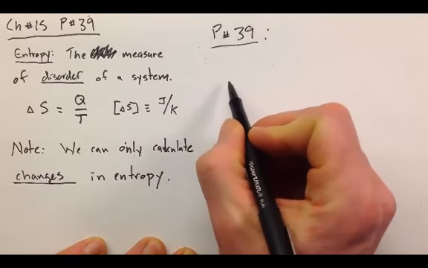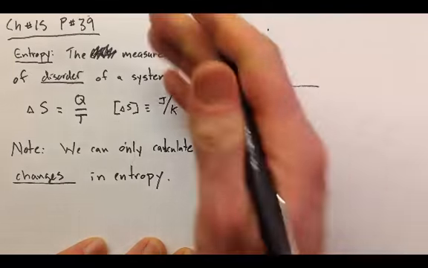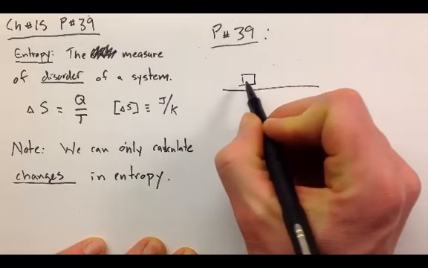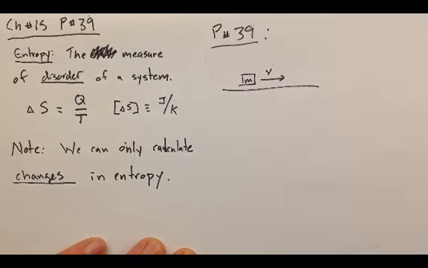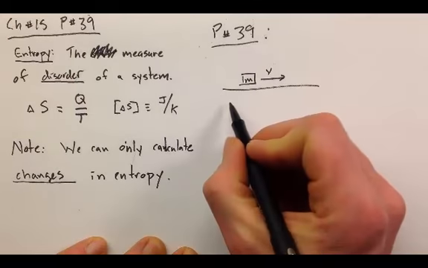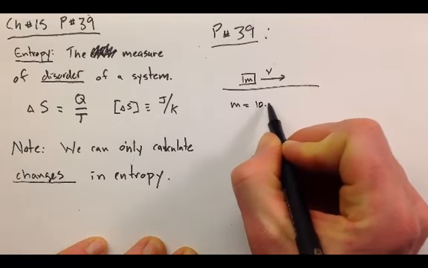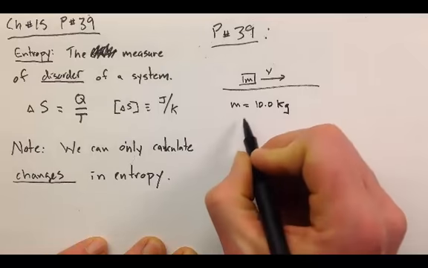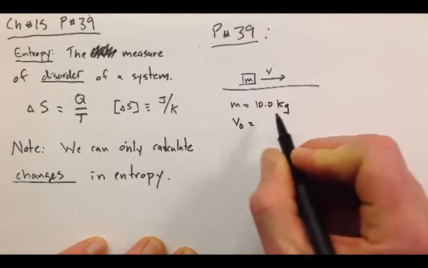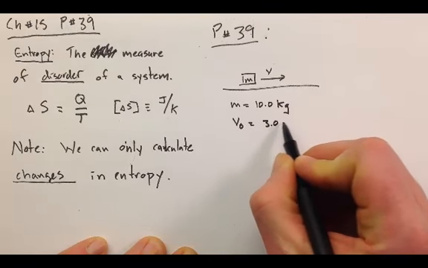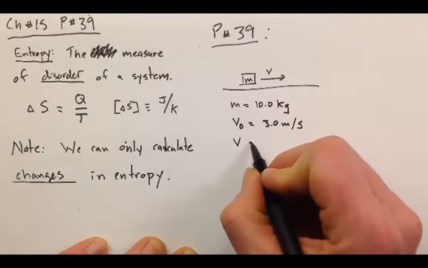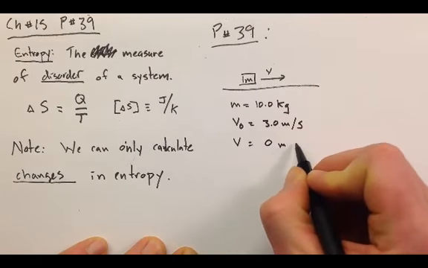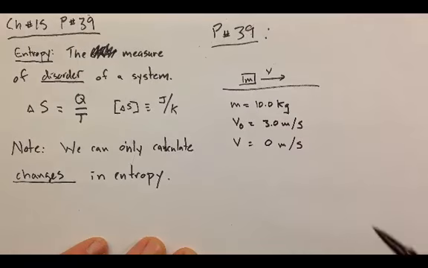Problem 39 states that I have a box of mass m traveling at a speed v. The mass of the box is 10 kilograms, and the initial speed of the box is 3.0 meters per second. The box slides and comes to rest due to friction.